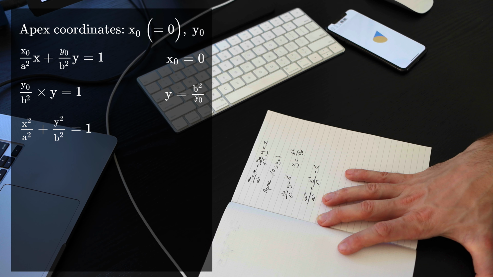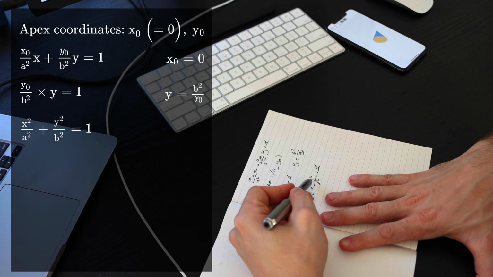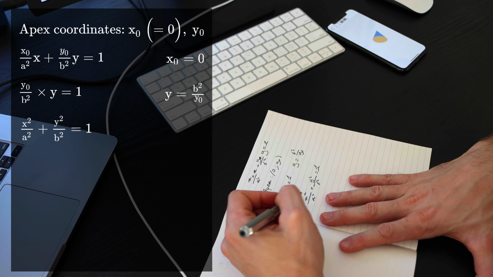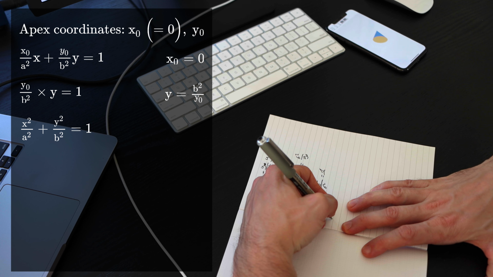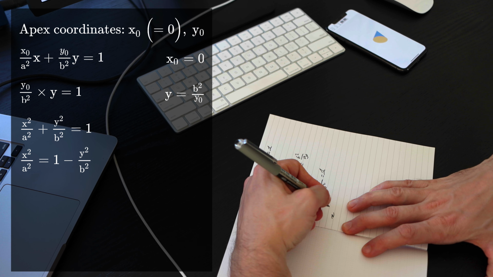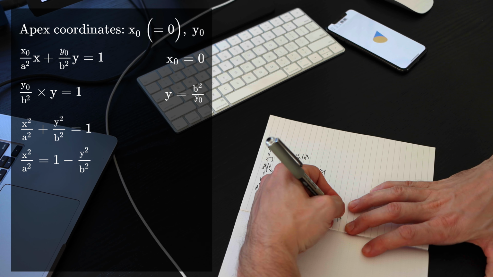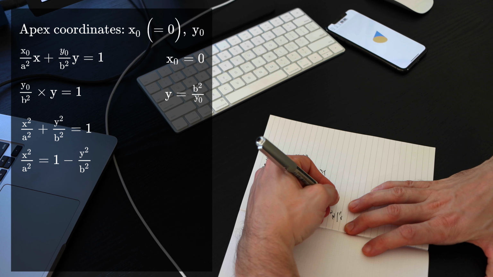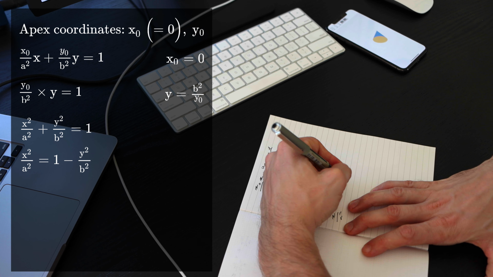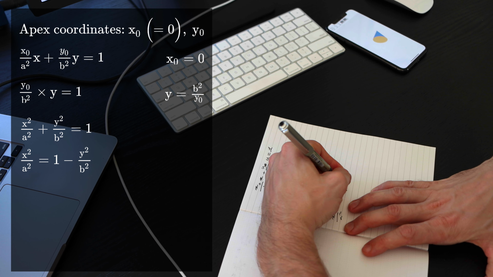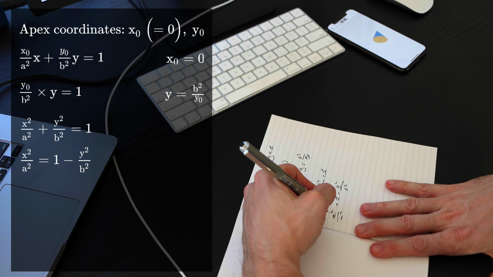This is the equation of the ellipse. We can substitute y to find x. So that would give us x square divided by a square equals 1 minus y square divided by b square.